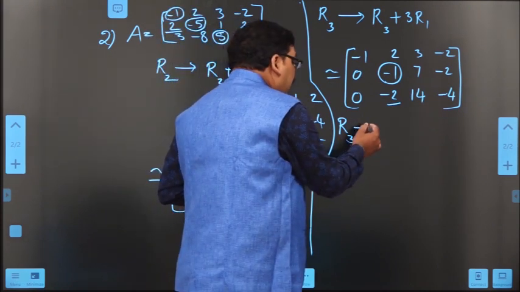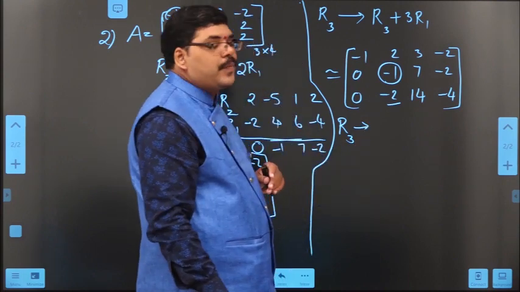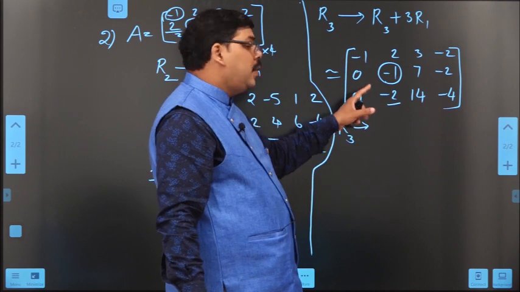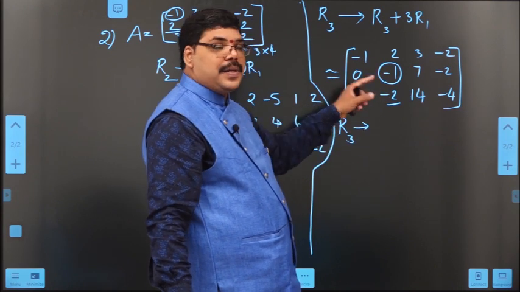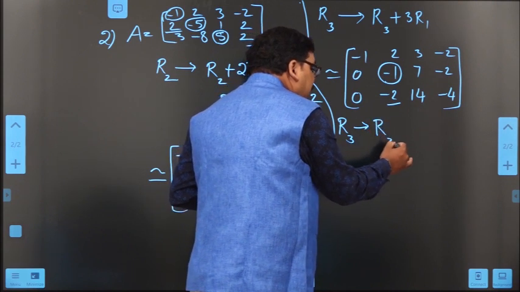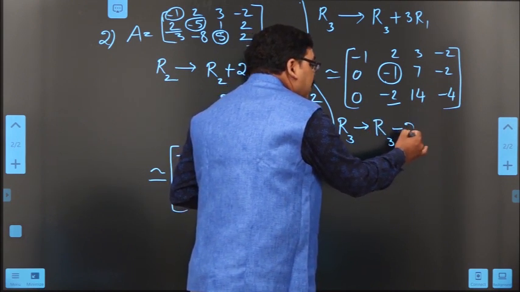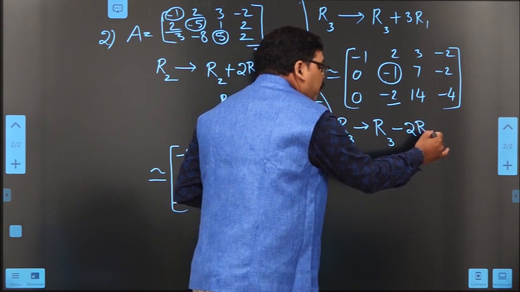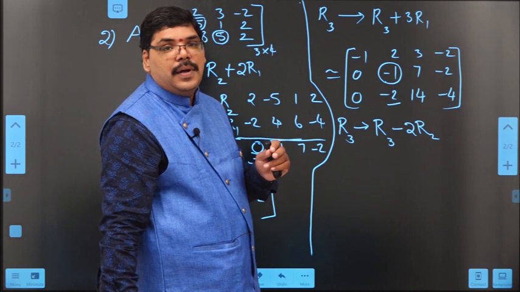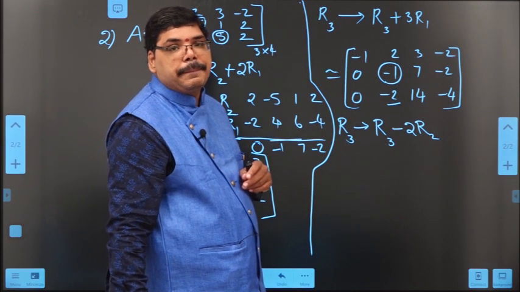So what is the element in R3 here? Minus 2. What is the element here? Minus 1. So R3 minus 2R2. That is the row operation we are going to apply.